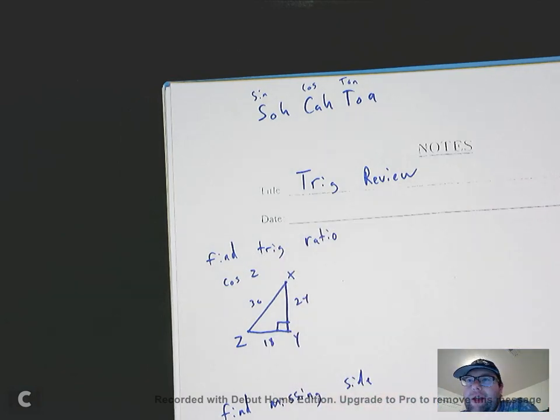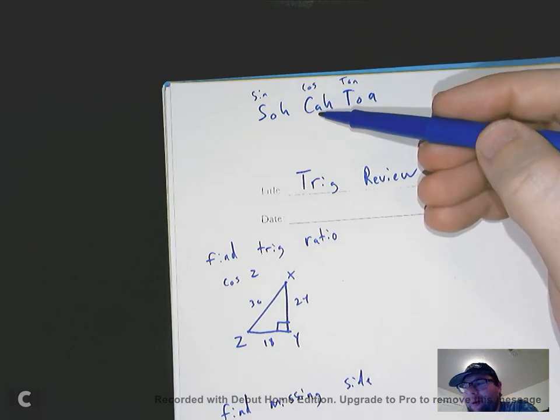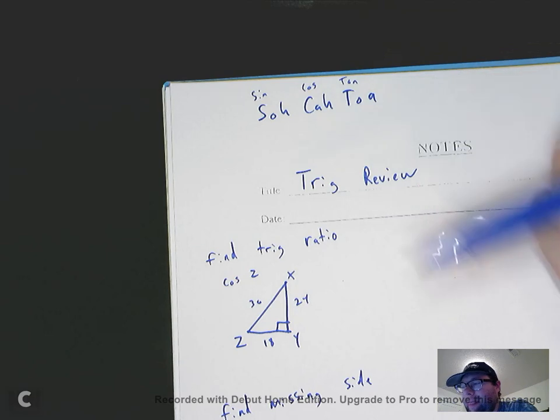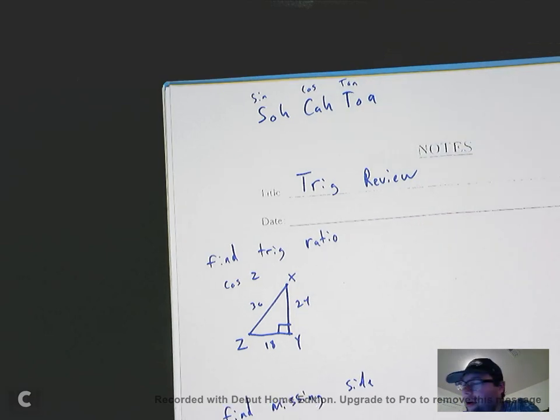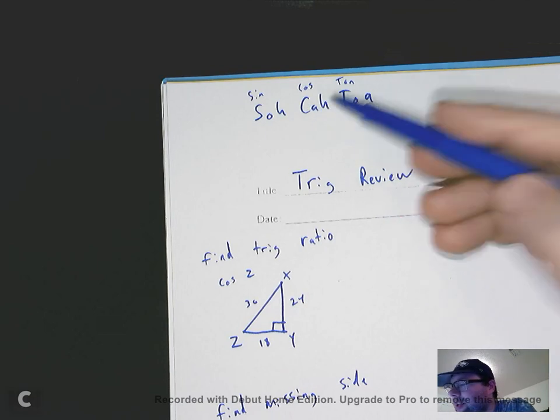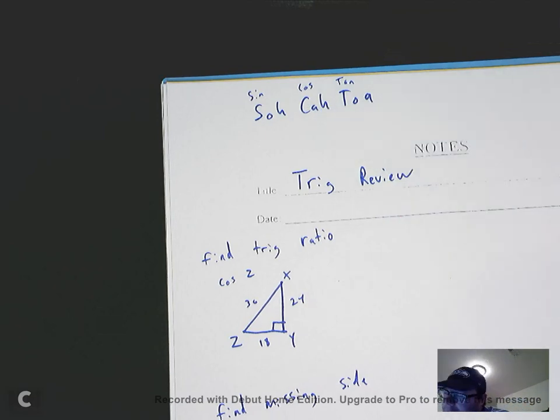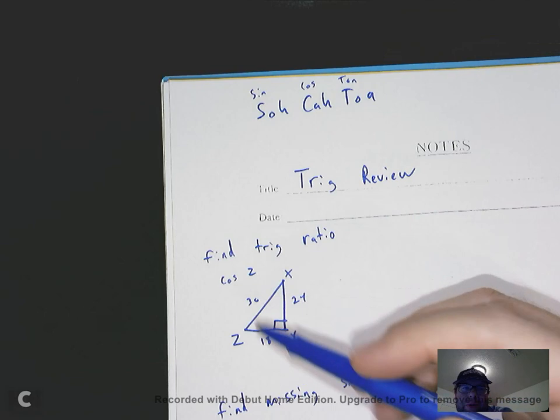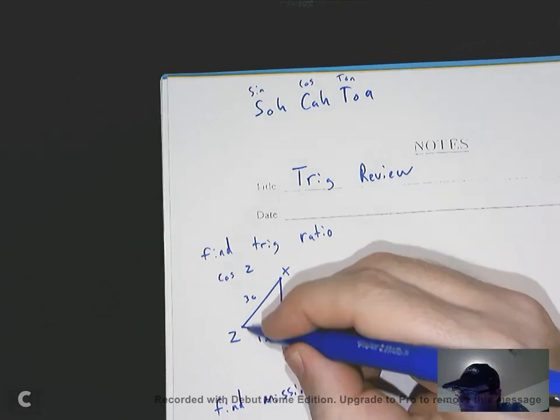Okay, so to figure out the trig ratio for cosine, we look at SOHCAHTOA, right? So cosine is adjacent over hypotenuse. And it wants angle z, which is this angle right here.